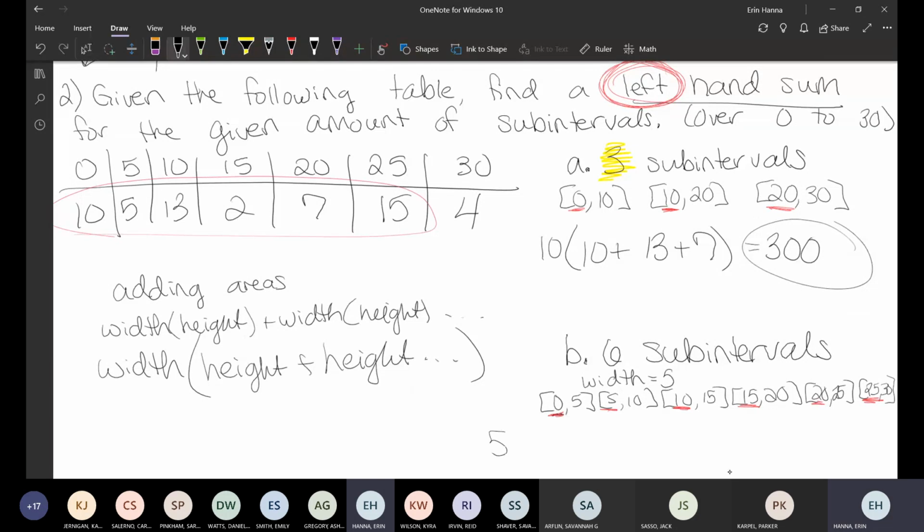So we'll have a width of 5, because our total distance of 30 divided by 6 subintervals gives us 5, and we'll have 10 plus 5 plus 13 plus 2 plus 7 plus 15. I really wish I could just remember what that was. I think it's like 288 or something like that. And 260.